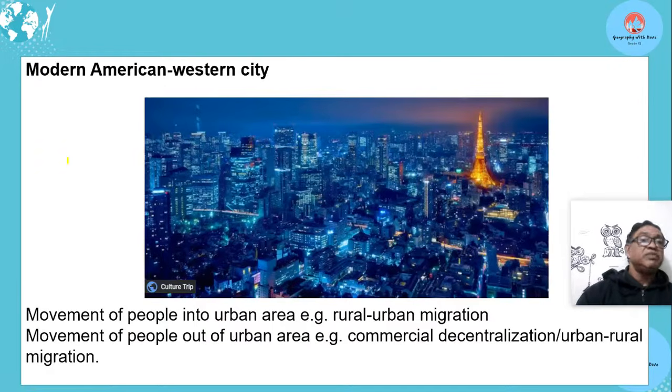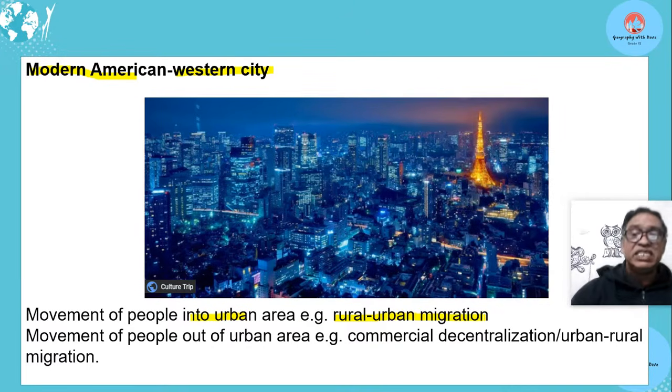Let's go on. Let's look at the modern American Western city. And basically, we have to give a brief description of this. We noticed that the movement that occurred initially was the movement of people into urban areas, so we had this rural urban migration.